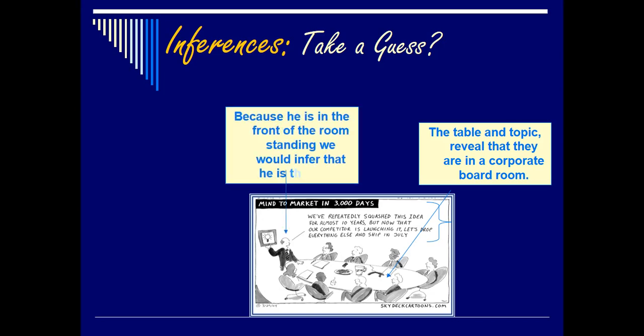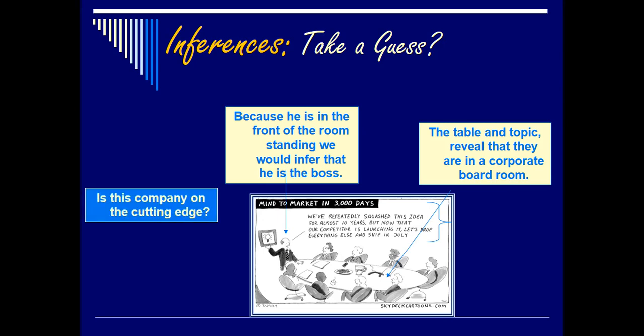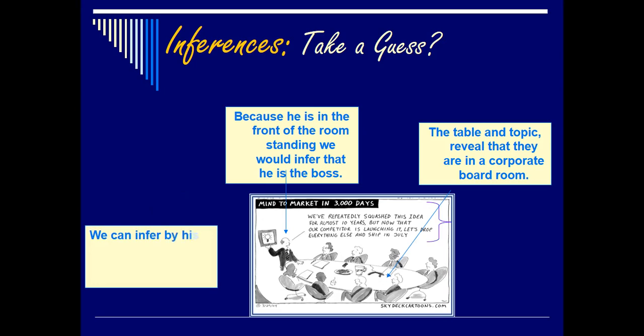Because he is in the front of the room and standing, we would infer or guess that he's the boss. Is this company on the cutting edge? We can infer by his dialogue that they are kind of behind the competition.